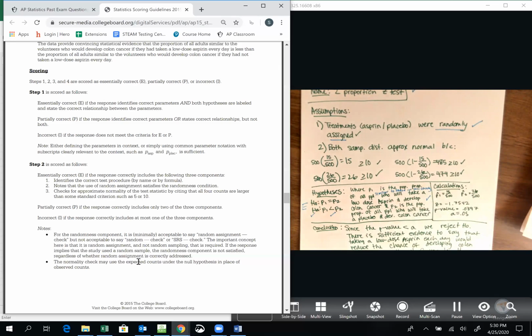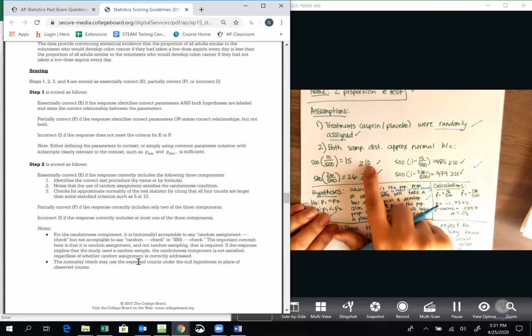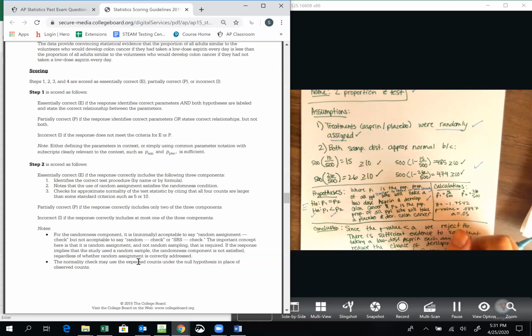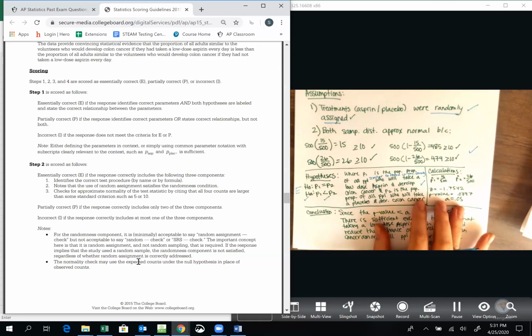Note the use of we checked that already. Check the approximate normality of the test statistic by citing all 4 counts are larger than some standard criterion such as 5 or 10. So you can use 5 here if you want, or 10. Doesn't matter, it's the same thing.